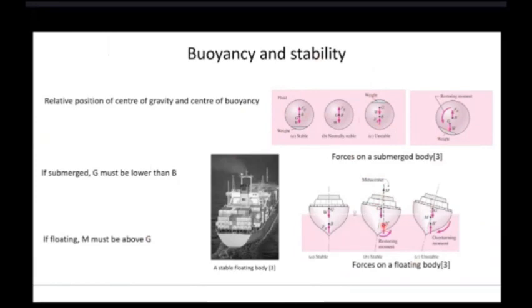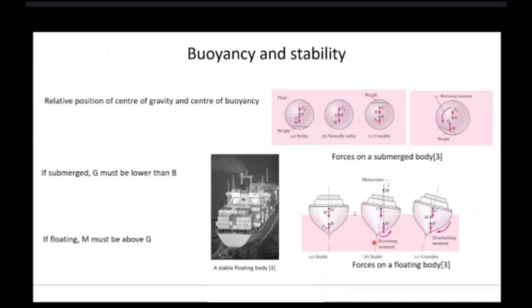Well, if we take our centre of buoyancy, and we draw our vector up from there, where that crosses the axis where the centre of gravity is, that is defined as our metacentre. So as long as our metacentre is above our centre of gravity, such as in this image here, we've got a stable object.